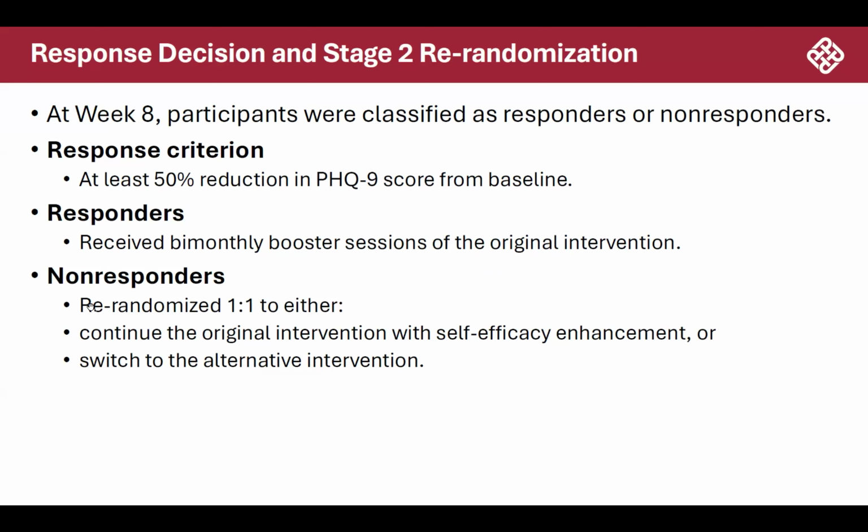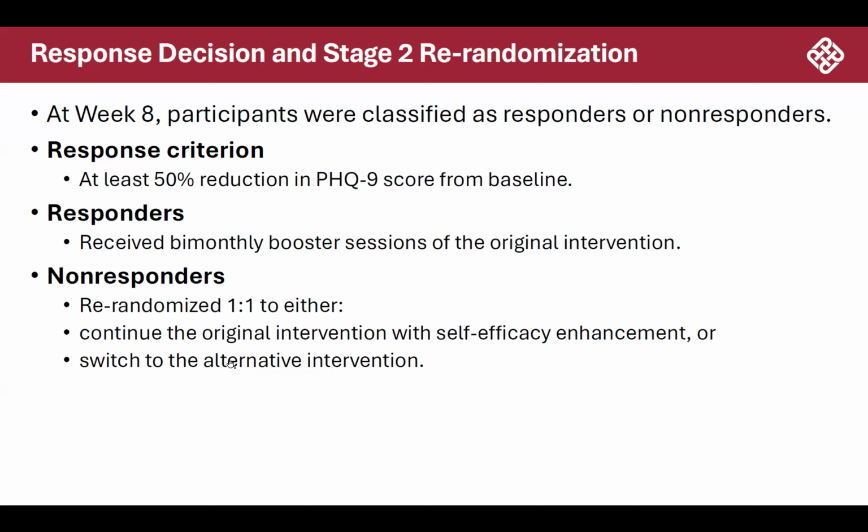But for the non-responders, we will further randomize them with a 1-to-1 ratio into two different groups. The first one is to continue the original interventions, but with some self-efficacy enhancement components. That means they will have the same modality, the same interventions, but we further enhance their self-efficacy in the same interventions.